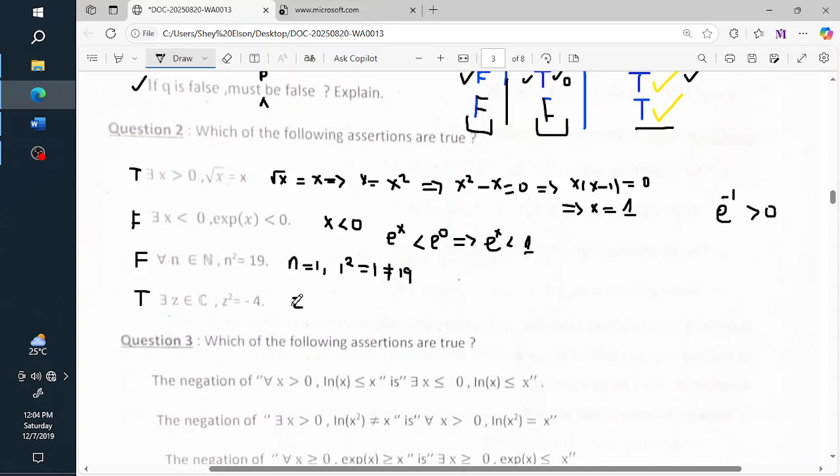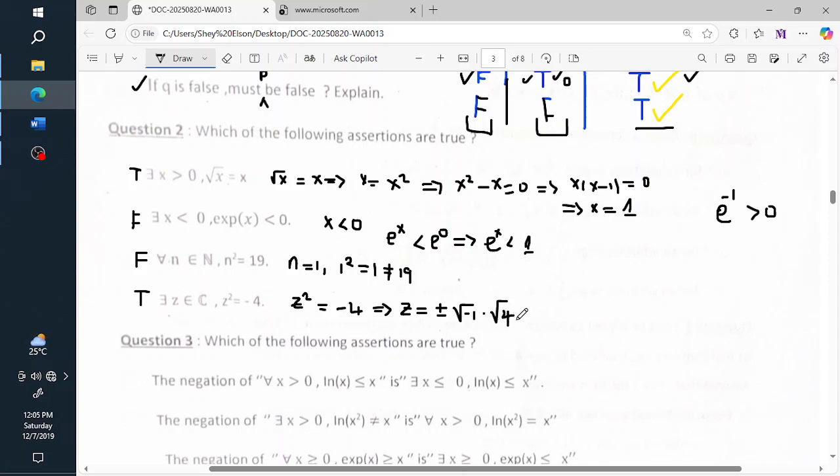Taking square root on both sides, we get z equal to plus or minus the square root of -4, which is the same as the square root of -1 times the square root of 4.